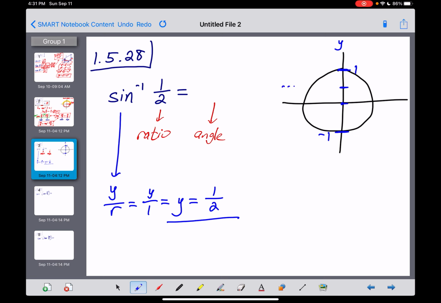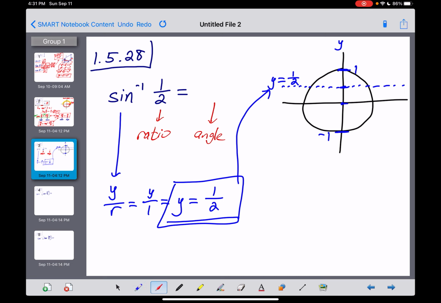So what I like to do is draw the horizontal line y equals 1/2 on that unit circle. Whatever the equation was, I just graph it right there. And I ask myself, at what points on the unit circle is the y coordinate equal to 1/2? Or another way to look at that, where does that line that I just drew cross the unit circle?